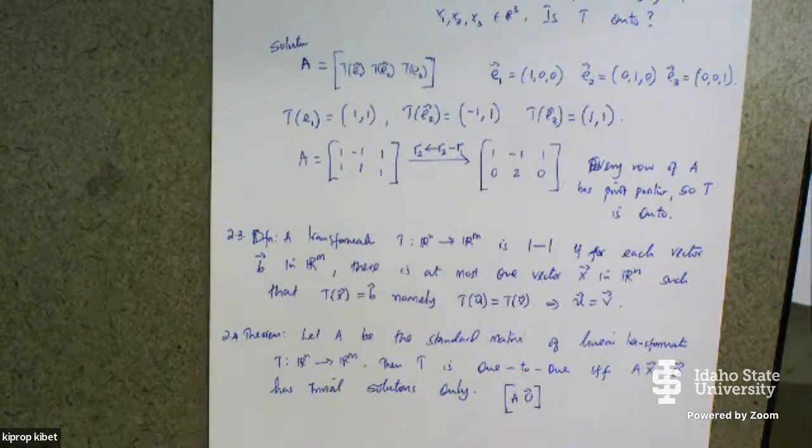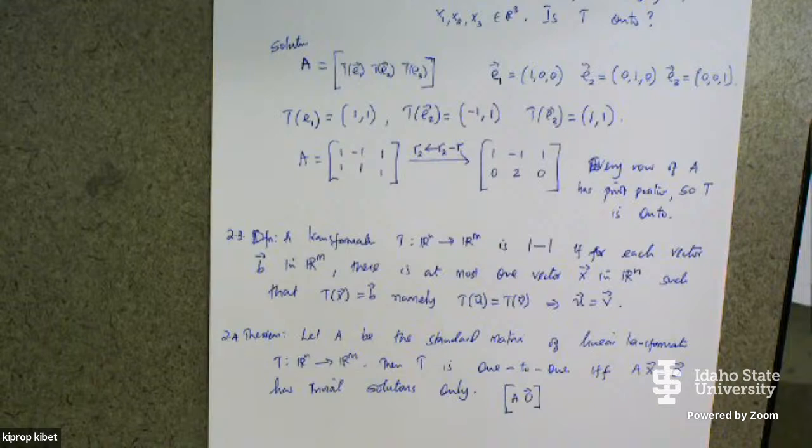This is the augmented matrix. So this A here, each of the columns should have a pivot position for it to have a trivial solution.